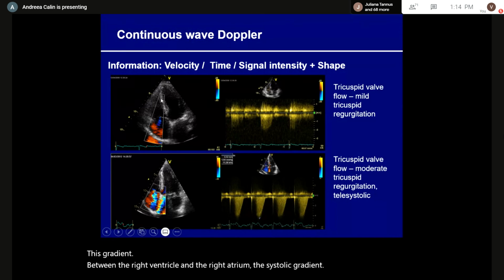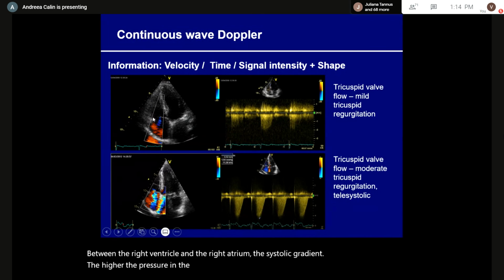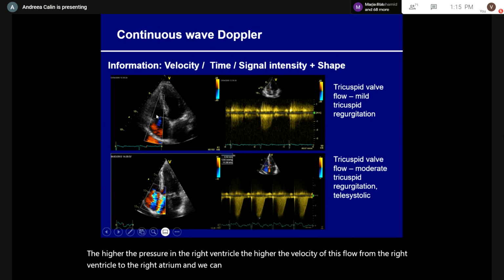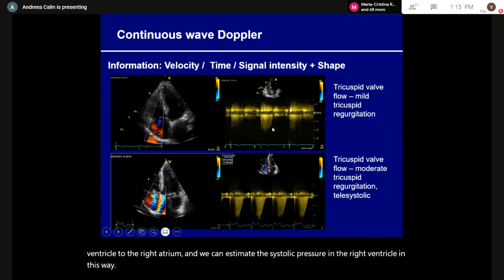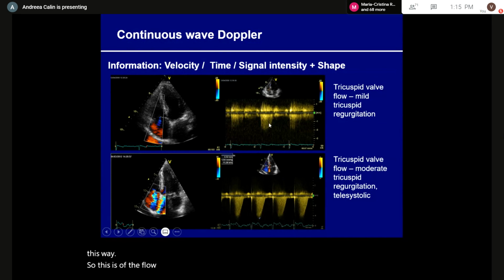The higher the pressure in the right ventricle, the higher the velocity of this flow from the right ventricle to the right atrium. And we can estimate the systolic pressure in the right ventricle in this way. So this is the flow through the tricuspid valve in systole in a patient with a mild tricuspid regurgitation.